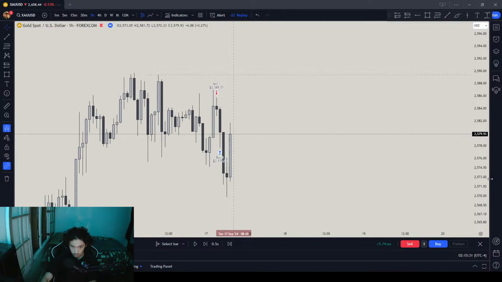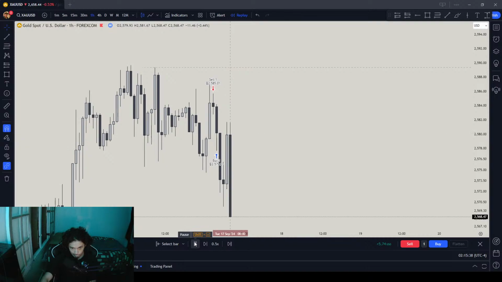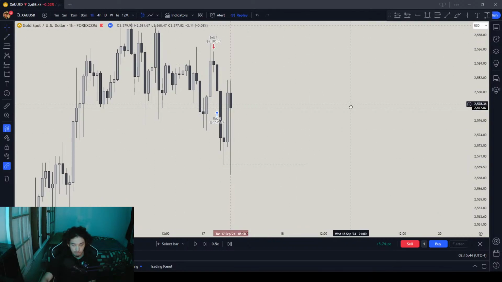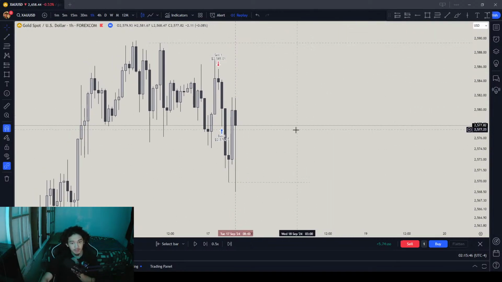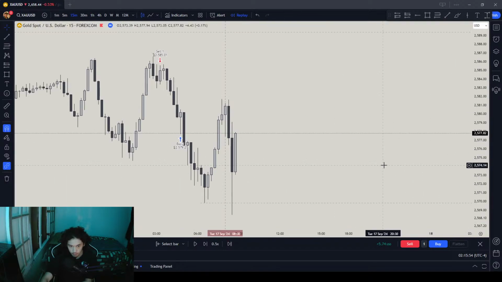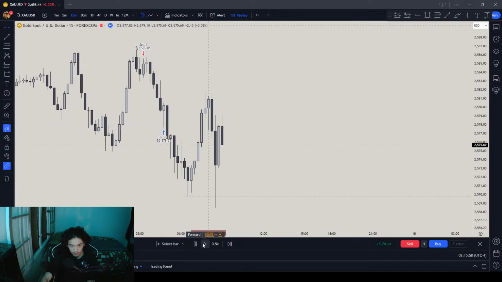It came back down lower, took out liquidity. Okay, we're looking to just long this. Came back down, took out liquidity. There, we get a setup here.